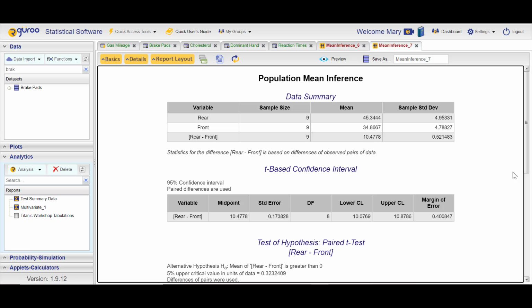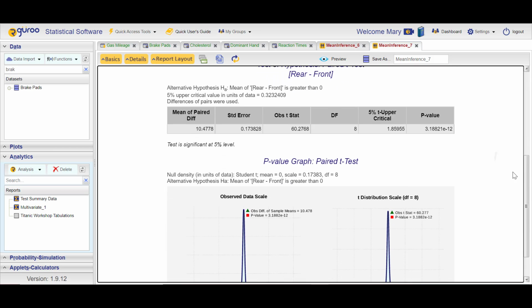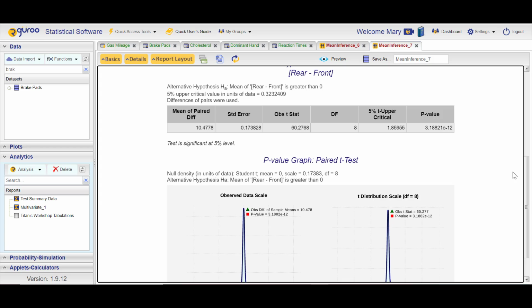All right, so on my other screen that you can't see, I'm writing down my confidence interval, which I'm just going to round to one decimal place, 10.1 to 10.9, and then a p-value in scientific notation, 3.19 e to the negative 12.